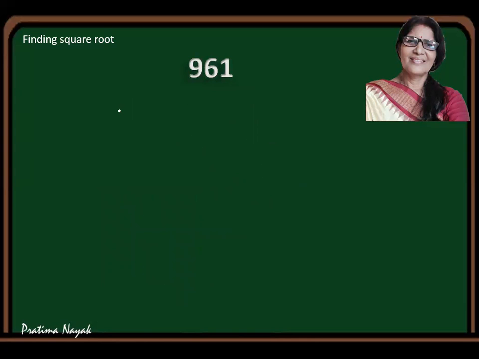961. Do you remember whose square this is? If you remember, no problem. So this is 3, 3 times 3 is 9. Then 61. 3 is added here. It will be 6. And it's very easy. I can put 1. 61 multiplied by 1 is 61.